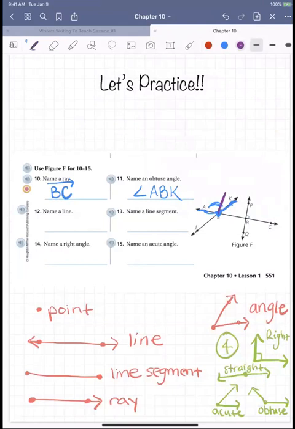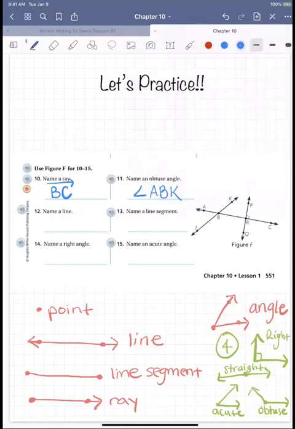Angle ABK. Okay, why don't you look again? Do you see any other ones that could work? All right, again, if you're still looking, that's fine. Pause the video. We're going to keep going.